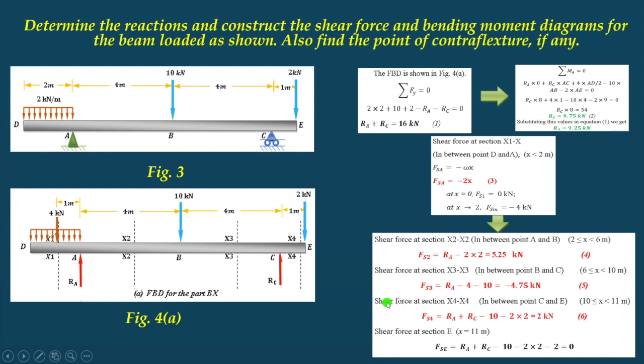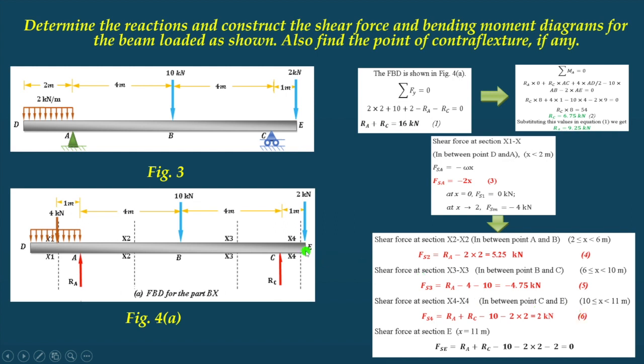Then for the shear force at section x4, here in between C and D, the forces working here are the summation of all these 4 forces. We are summing up 2 reactions, 1 distributed force and 1 concentrated load, and we are getting the value.